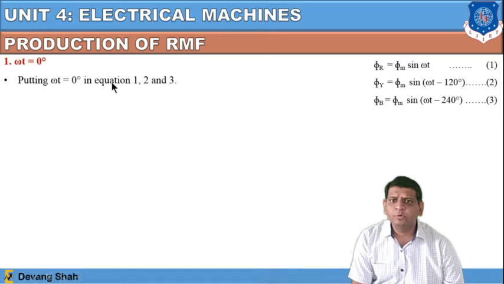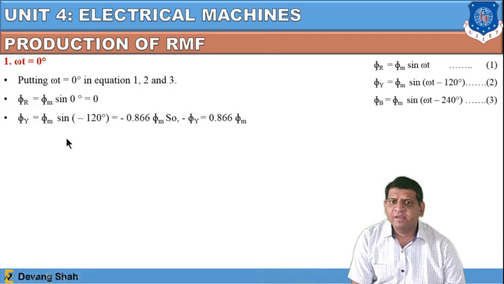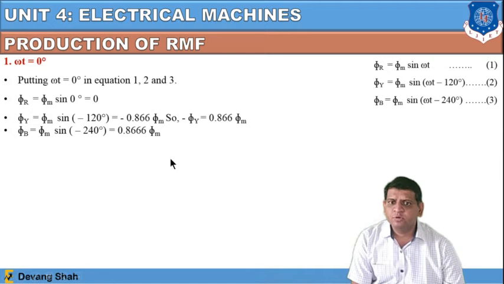So the flux vector starts at angle 0. From this, phi R is equal to phi m sine 0, which becomes 0. In the same way, phi Y is equal to phi m sine minus 120, which is minus 0.866 phi m. Phi B likewise is a positive 0.866 phi m.